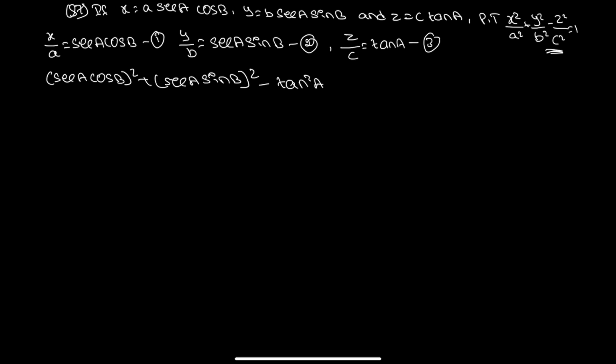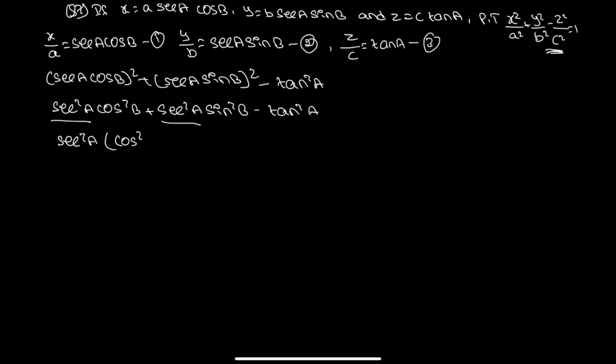Now we'll expand this, that is (a b)^2 = a^2 b^2. This we can write as sec^2 a cos^2 b + sec^2 a sin^2 b - tan^2 a, where the tan^2 a remains the same. And here we have sec^2 a as common. Let's take it out. sec^2 a (cos^2 b + sin^2 b) - tan^2 a.